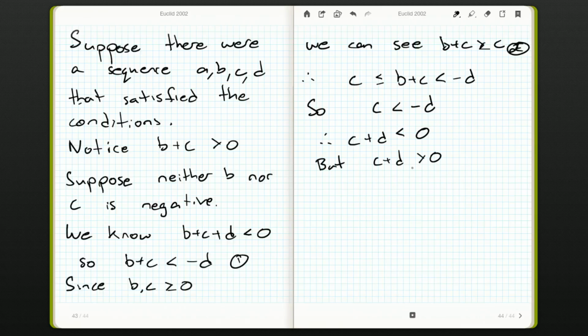But C plus D should be positive because that's what our sequence has to have by definition.